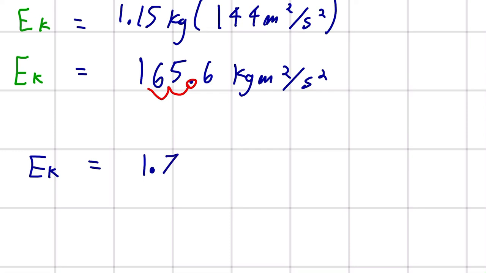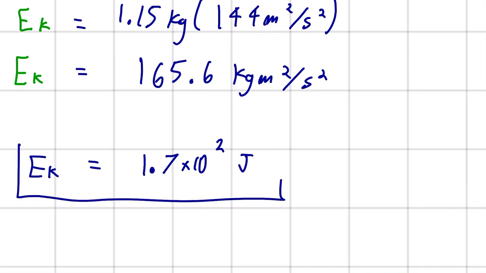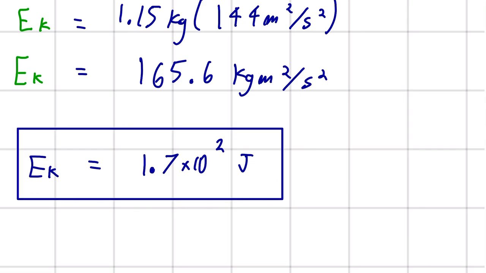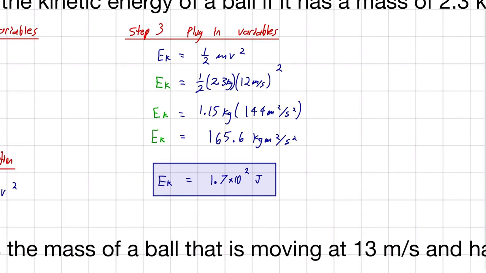So it's going to be 1.7 times 10 to the, and remember 1, 2, so it's 10 to the 2. And the units now is joules. Remember, this units here is joules. And that is the final answer.